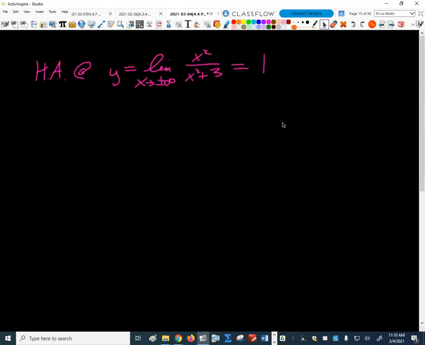All I'm going to do is factor out an x squared from the top and the bottom, if we really wanted to do the algebra. We don't have to.